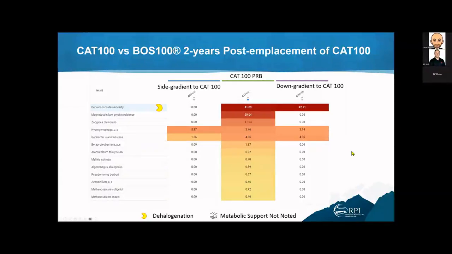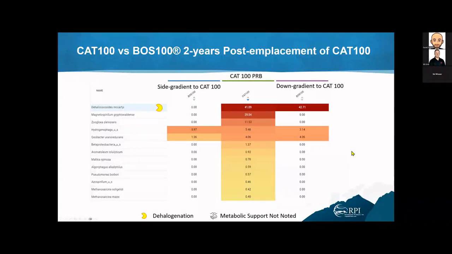The column in the middle is a CAT 100 PBR, and the microbes are arranged according to what's present in greatest numbers in the CAT injection. And then to the far right, you have down gradient of the CAT injection another BOS 100 injection.